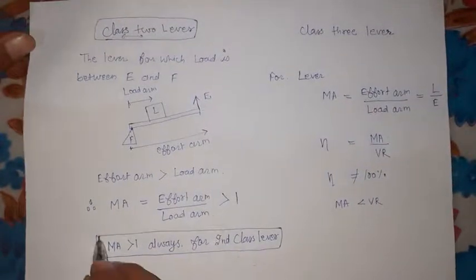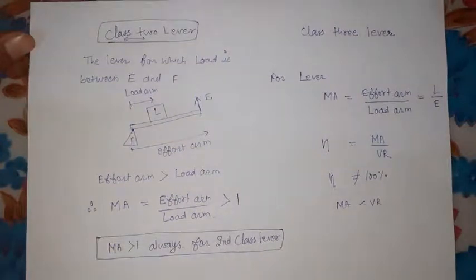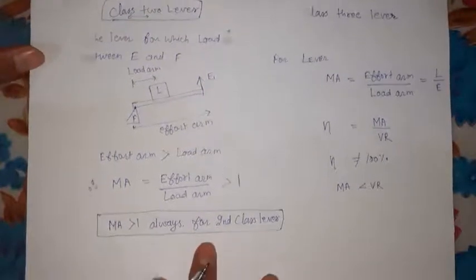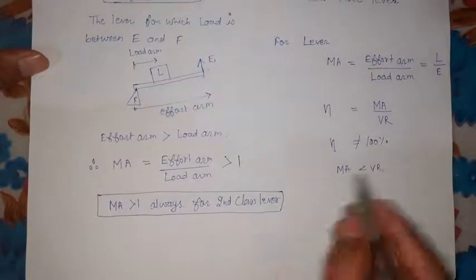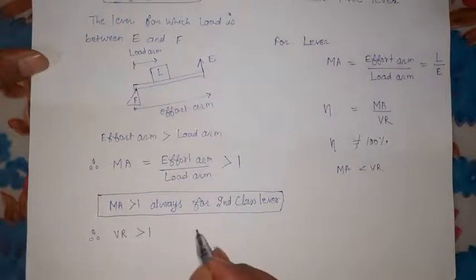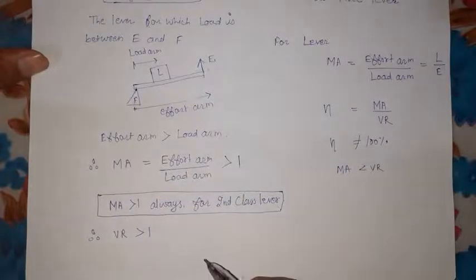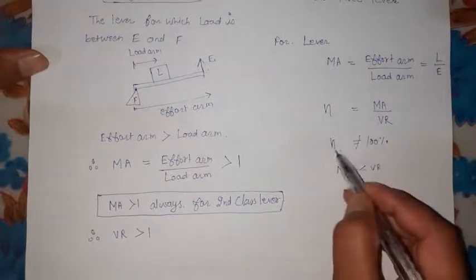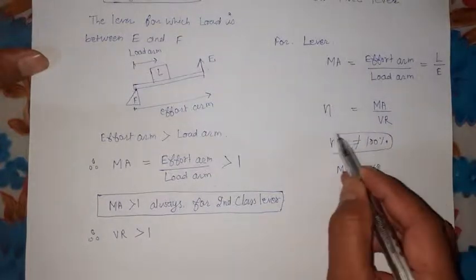Important to note down: the lever for which mechanical advantage is always greater than 1 is the second class lever. One more thing we should remember is that the velocity ratio will also be greater than 1 for the second class lever. But as we know, the efficiency of a practical machine cannot be 100%.